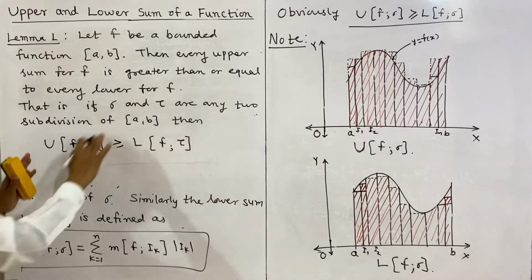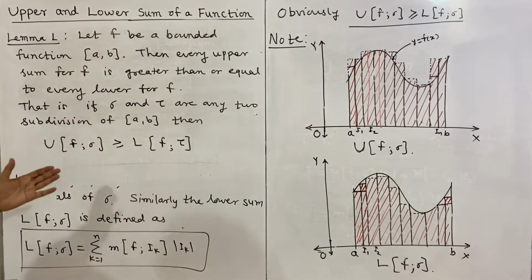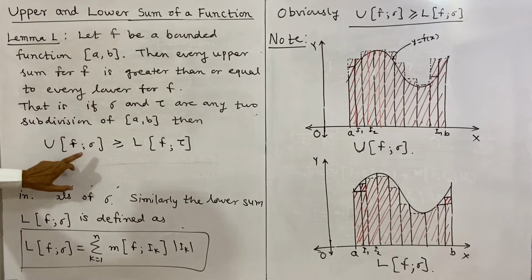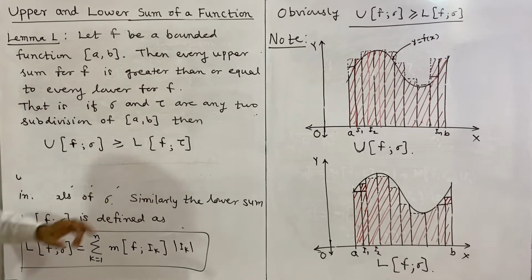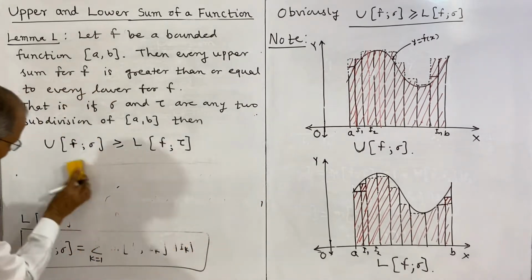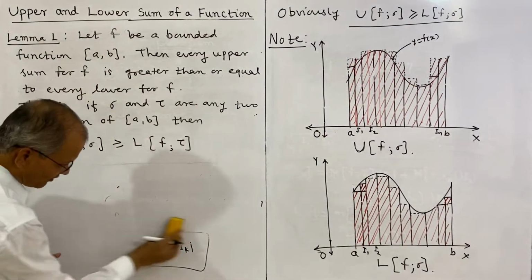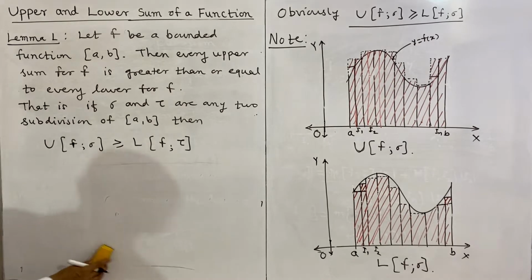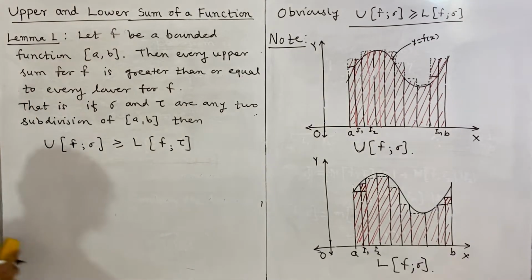The subdivision may be different or may be the same. Here for the upper sum we have taken subdivision sigma, and for the lower sum we have taken subdivision tau. Then also the upper sum is always greater than or equal to the lower sum. Upper and lower sums we have defined earlier. Now we shall prove the result.